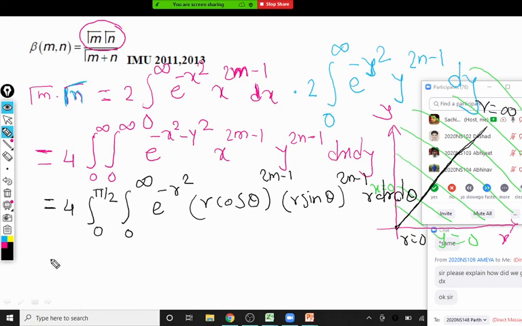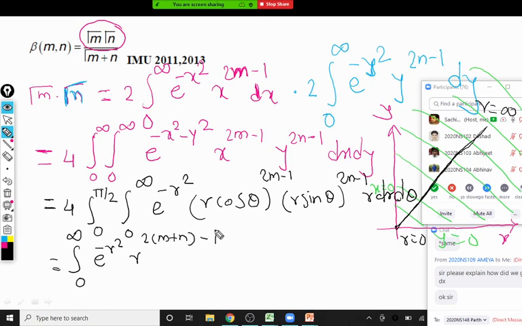Can anyone tell me what will be the terms for the integral of r? 0 to infinity, e raised to minus r square, r raised to 2m minus 1 plus 2n minus 1 plus 1, that is 2 times m plus n minus 1.